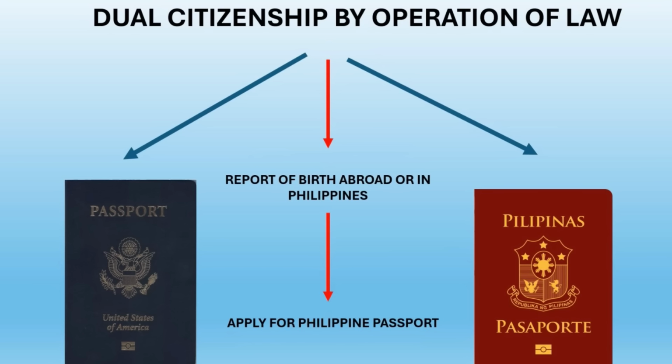The child can obtain dual citizenship by operation of law, and once the report of birth has been submitted and approved, the child can apply for a Philippine passport. The child does not need to take an oath of allegiance because the child is considered a dual citizen by operation of law.